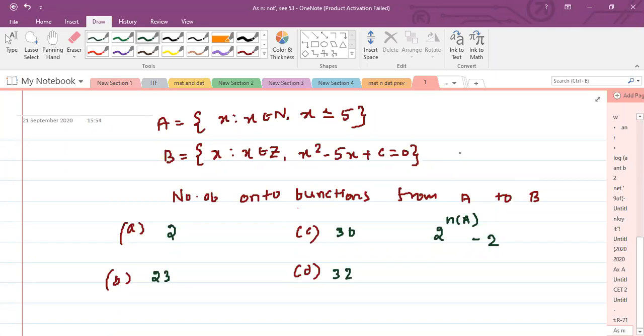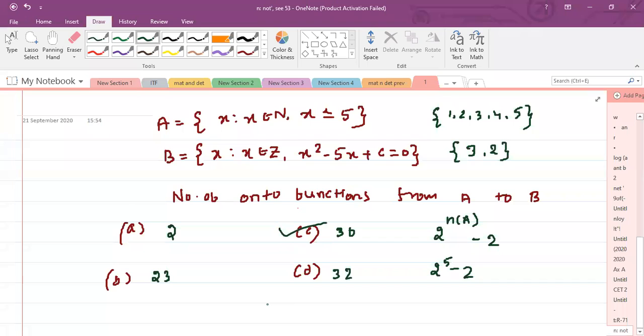Here also set B contains two elements: x square minus 5x plus 6 is equal to 0, x belongs to Z, so the possibilities are 3 and 2. So the number of elements in set B will be 2, and the number of elements in set A is 1, 2, 3, 4, 5. Therefore it is 2 raised to 5 minus 2, which is equal to 30. It is option C.